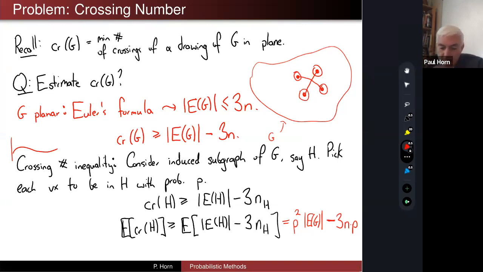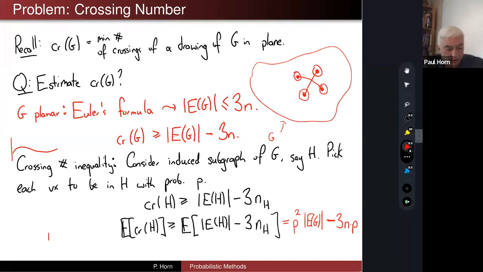And in particular, the only way that a crossing in my original drawing would survive is if all 4 of these endpoints survive.